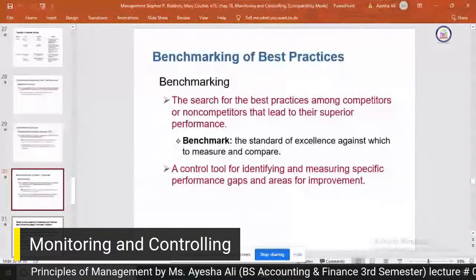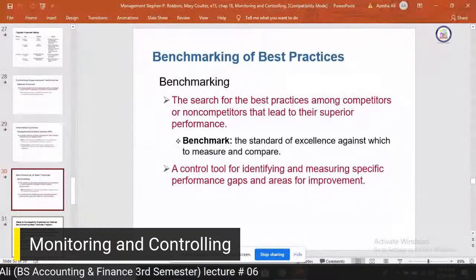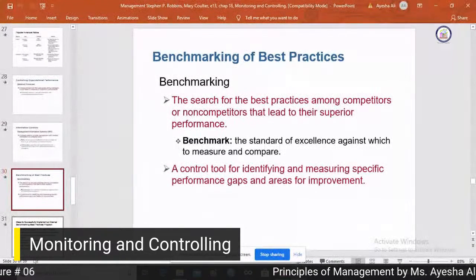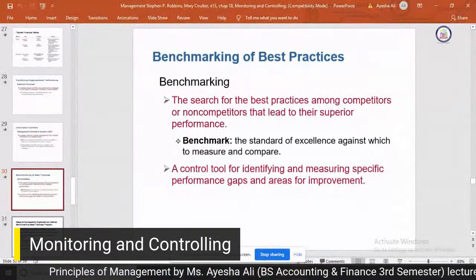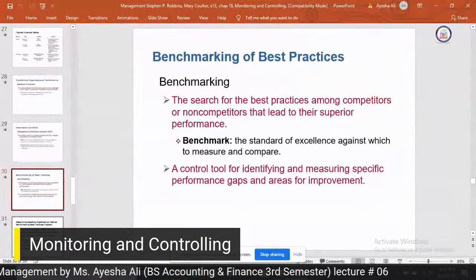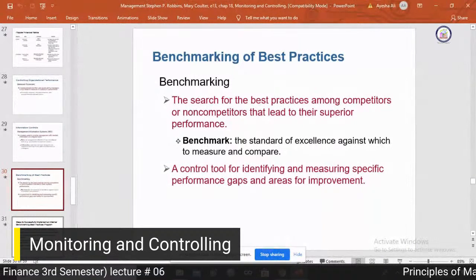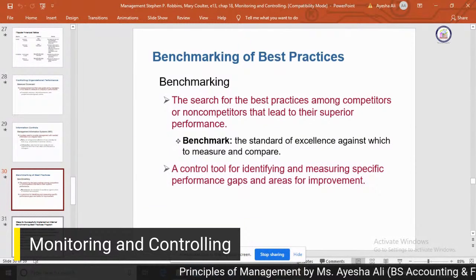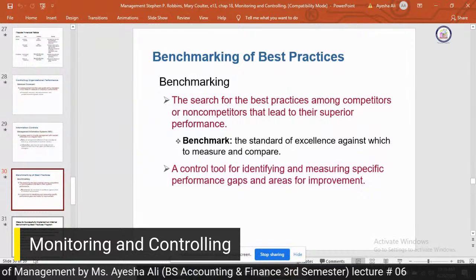And it's the controlling tool in which we are identifying and managing the specific performance gaps and the areas for improvement. So we can work on our drawbacks, we can work on our weak points, and turn them into strengths.